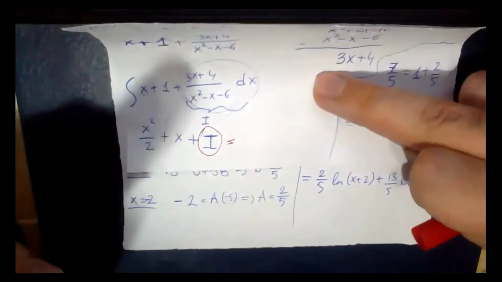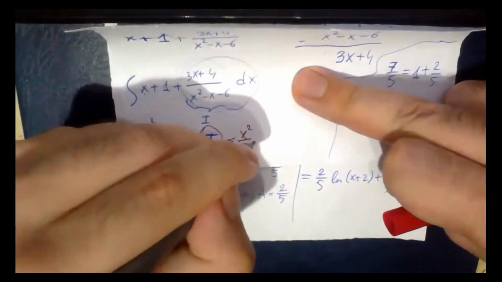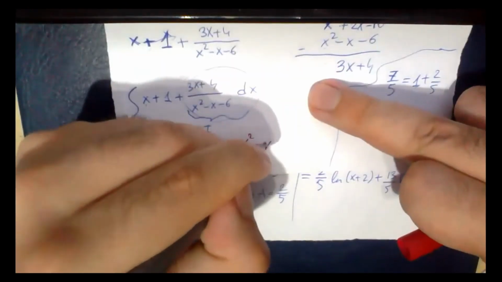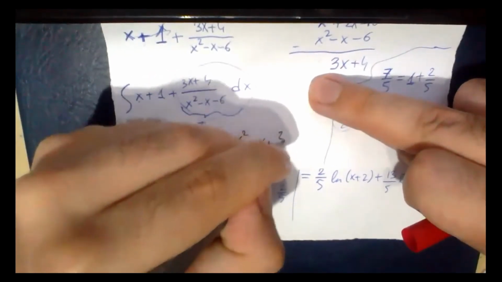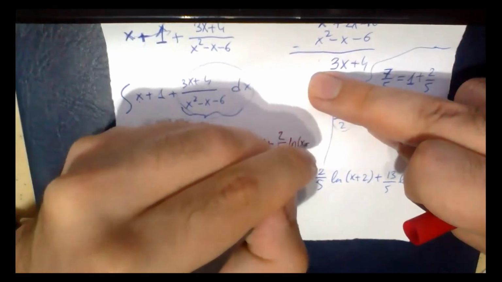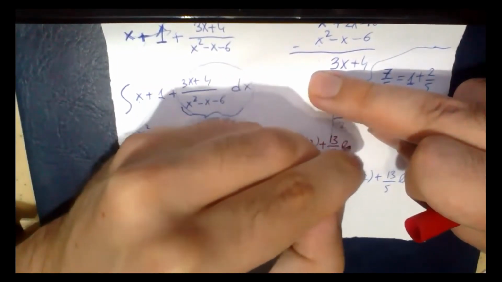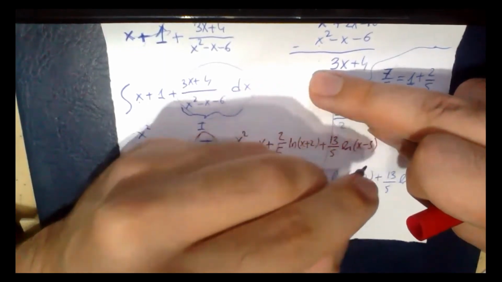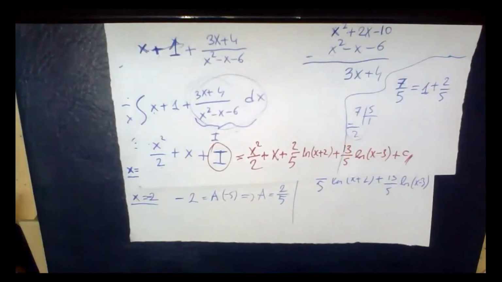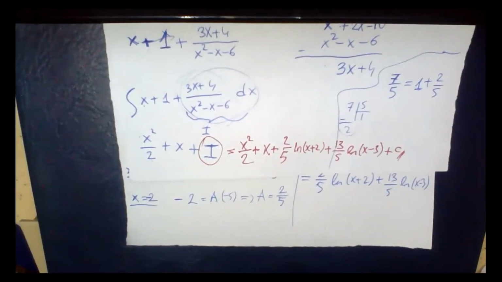So it will be x squared over 2 plus x plus 2 over 5 times ln|x plus 2| plus 13 over 5 times ln|x minus 3| plus a constant. Since it's an indefinite integral, this was the result.